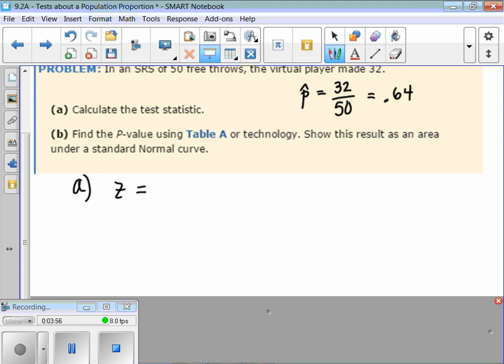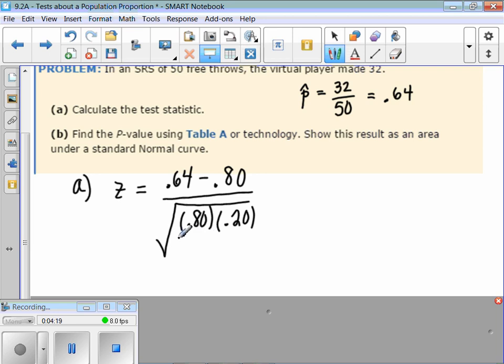And so the statistic is 0.64, what we got in our sample. The parameter is what we assume p is, that this guy's an 80% shooter. And we divide by the standard deviation, which is p from the null hypothesis, times 1 minus p, which is 20%, 1 minus 80, divided by n. N is the sample size of 50 free throws. Okay, plug that into your calculator, we get a z-score of negative 2.83.